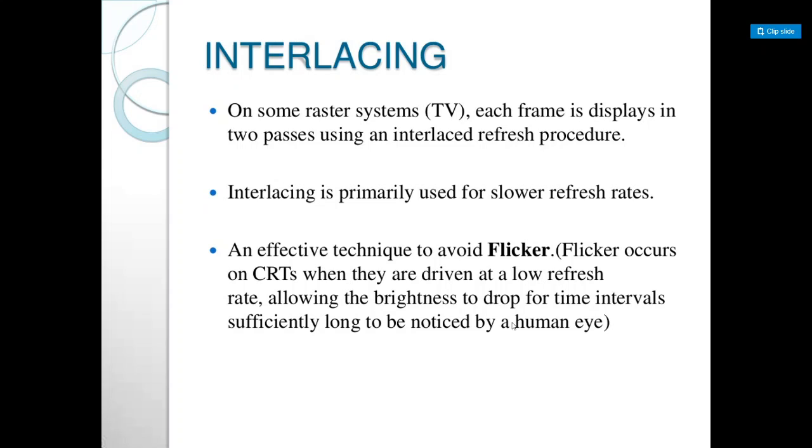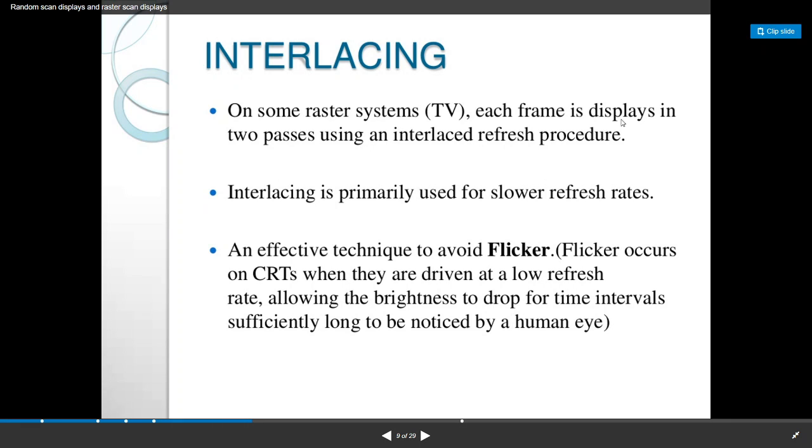There is one more term called interlacing. Whatever I have explained till now is one scan line going, then coming to the next line and so on. That takes time, right? To go from the left top to the right bottom takes some time. So what they do is skip one line every time and display the image.